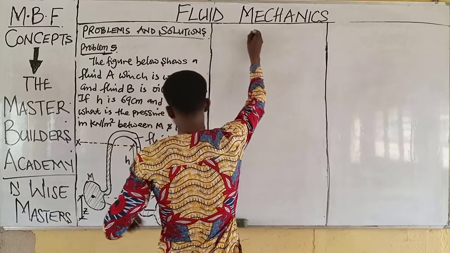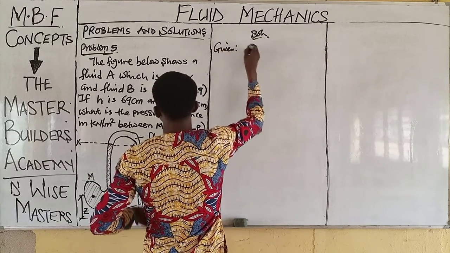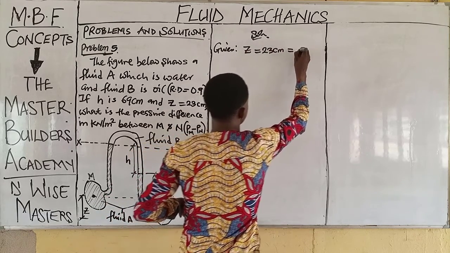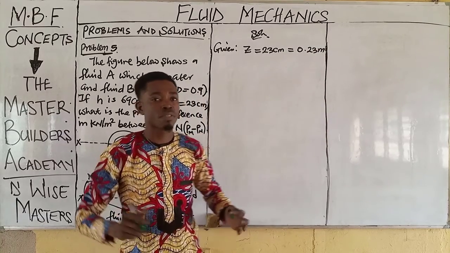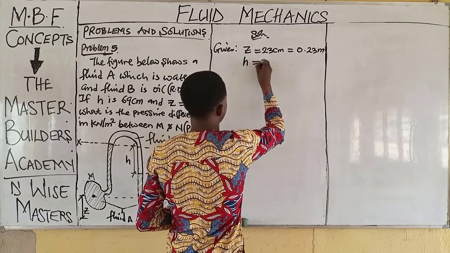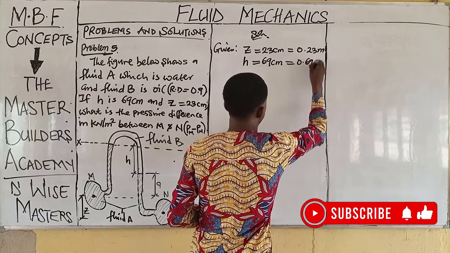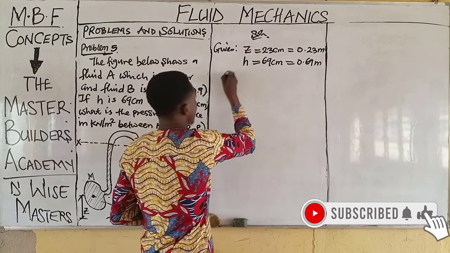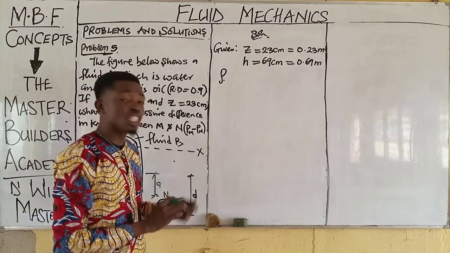Then, in the solution, we have given that Z is equal to 23 cm, which is the same thing as 0.23 meter. To convert from cm to meter, you divide the given value by 100. Similarly, H is given as 69 cm, and this is equal to 0.69 meters if we divide by 100. Now we know that we have two materials here, which are water and fluid B, which is oil.